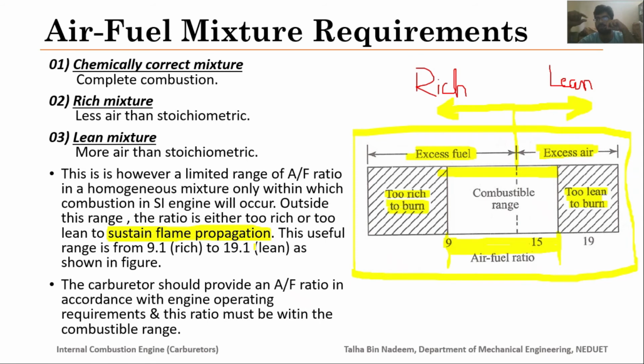As the flame is generated and propagates towards the other side of the combustion chamber, this phenomenon is called flame propagation. If you have provided a too rich or too lean air fuel mixture, then this flame will not propagate throughout the combustion chamber, or you can simply say it cannot sustain that environment. So if the mixture is too rich or too lean, your flame propagation will not sustain.